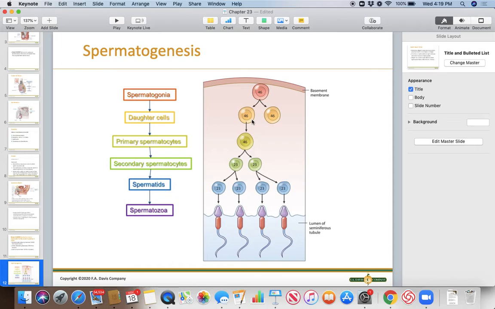But in meiosis, which happens in the testes and in the ovaries, we end up with four cells and they have half the chromosomes as the original cell. And this works out because this cell with half the number of chromosomes will meet an egg with half the number of chromosomes. When they meet, their nuclei fuse together, and you've got one cell with the correct number of chromosomes.